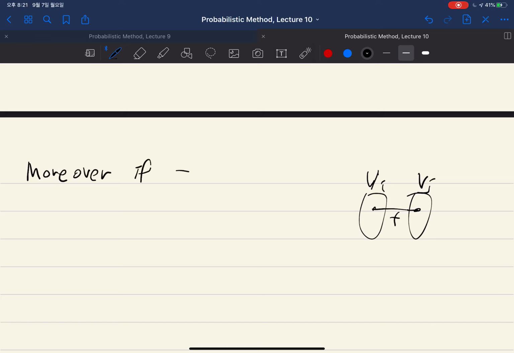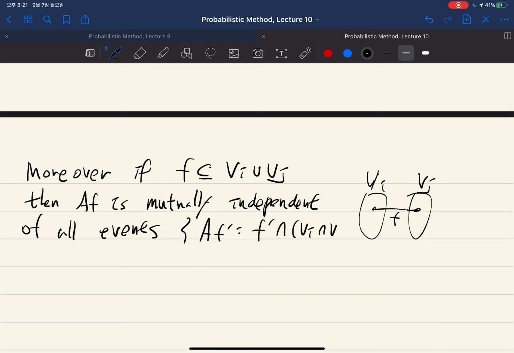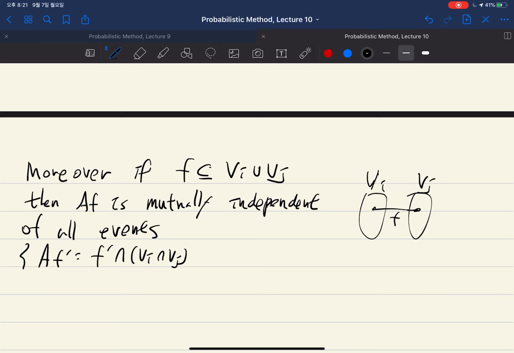If F lies in VI union VJ, then this AF is actually mutually independent of all events AF prime, where AF prime does not intersect with this VI and VJ.